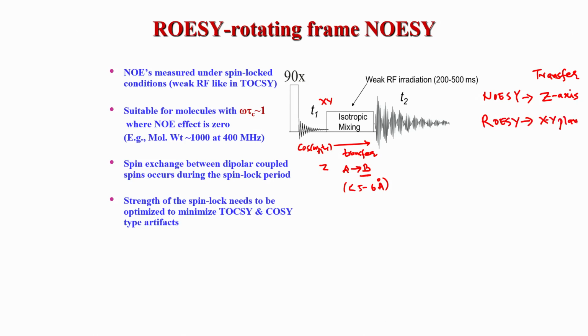So, this is the major difference between the two experiments. Therefore, in a NOESY what matters is T1 relaxation, because remember T1 governs the relaxation along the z axis, and T2 in the case of ROESY, because T2 relaxation is what dominates in the xy plane.